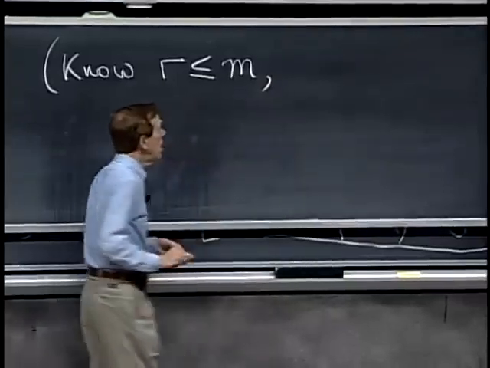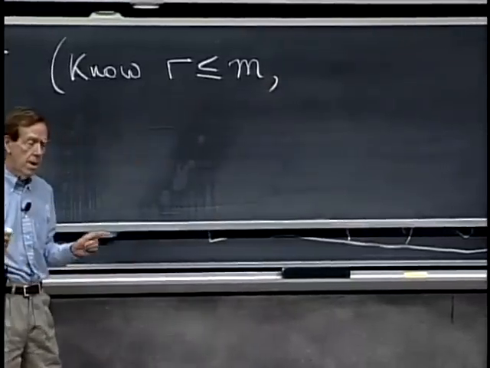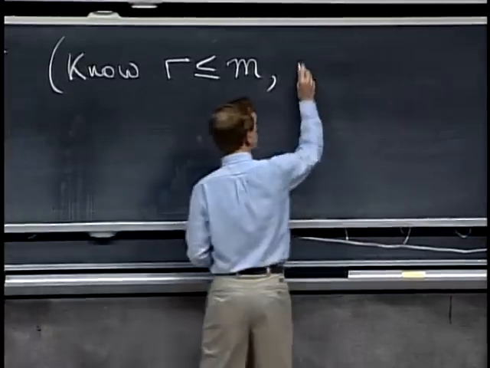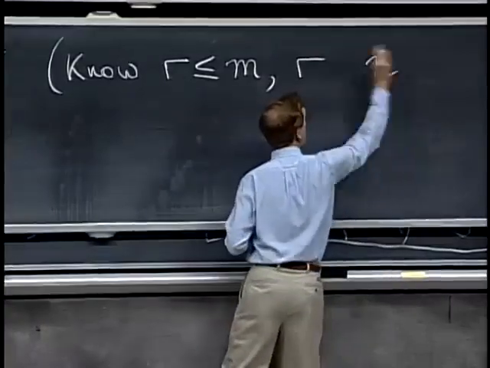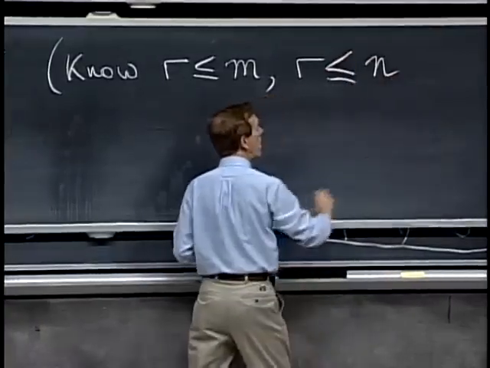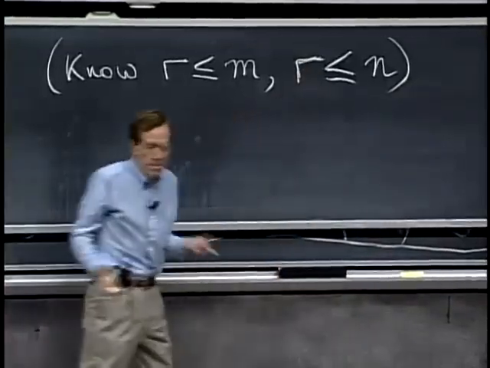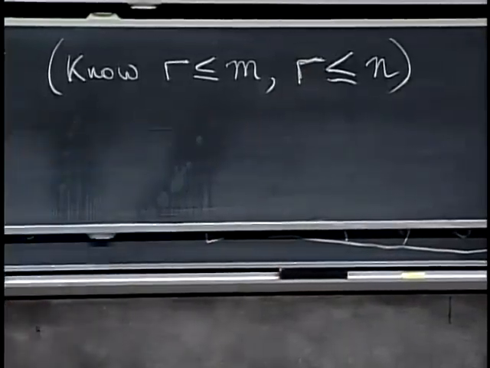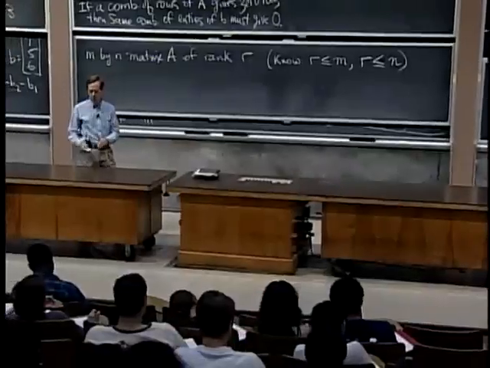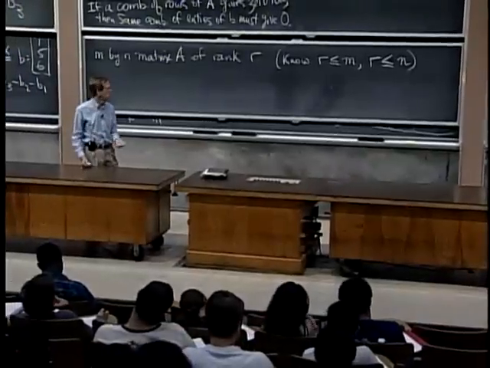Also, I've got N columns. So what's the relation between R and N? It's the same, less than or equal, because a column can't have more than one pivot, so I can't have more than n pivots altogether.